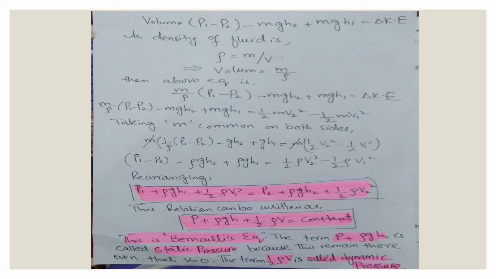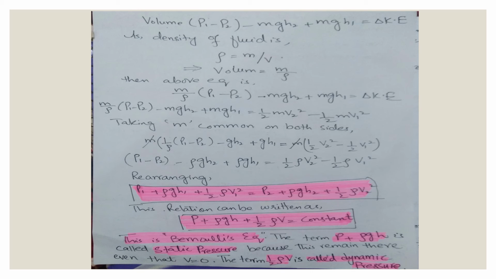We know that the density of the fluid rho is equal to mass over volume, so volume is equal to m over rho. Substituting the value of volume, the above equation becomes m over rho into P1 minus P2 minus mgH2 plus mgH1 is equal to change in kinetic energy.